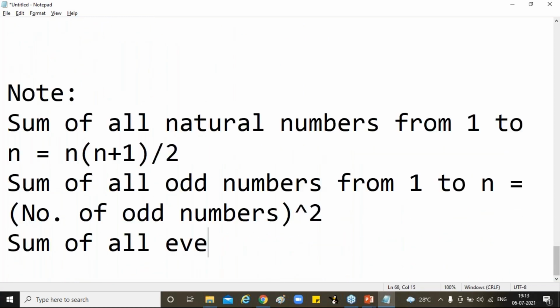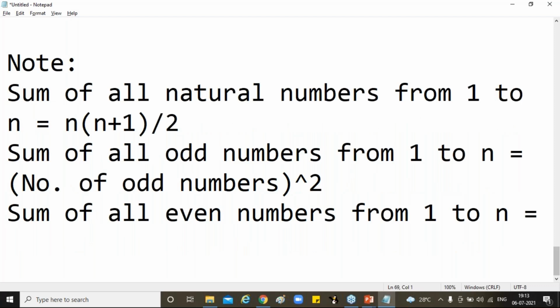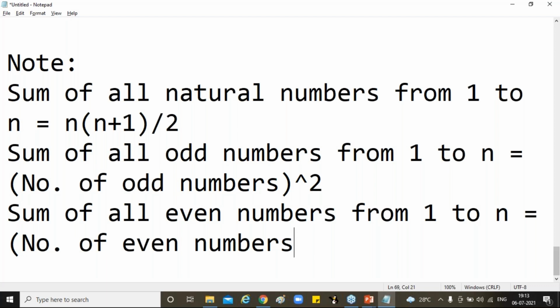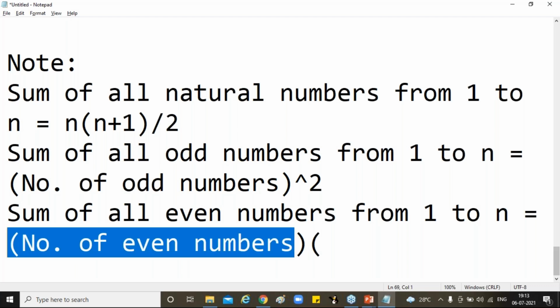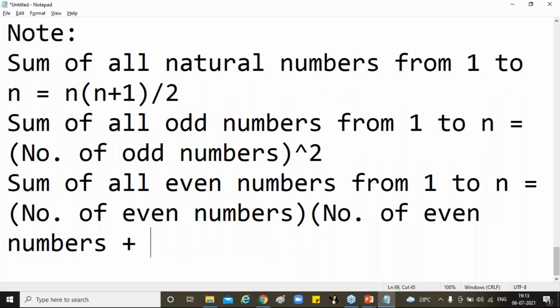Sum of all even numbers from 1 to n is equal to number of even numbers into number of even numbers plus 1. So any doubt up to that?